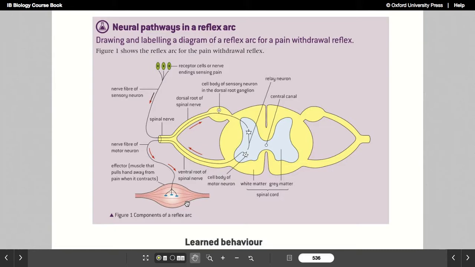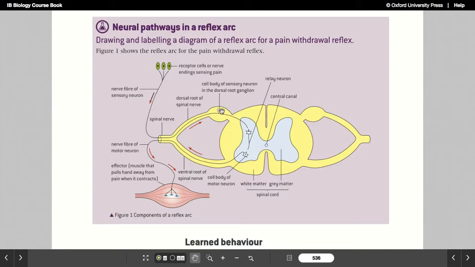The other thing is we could see that the cell body of the sensory neuron is inside of the spinal cord. It's not hanging out here. And the cell body of the motor neuron is inside of the central nervous system, which is this bluish part. The relay neuron lives completely in the central nervous system.